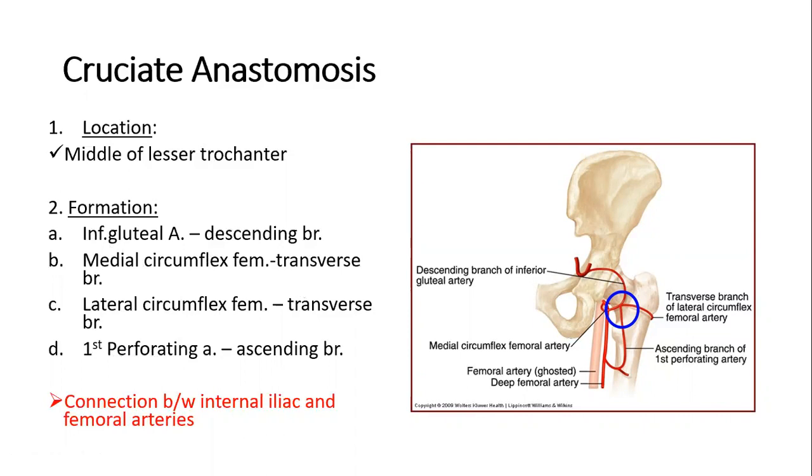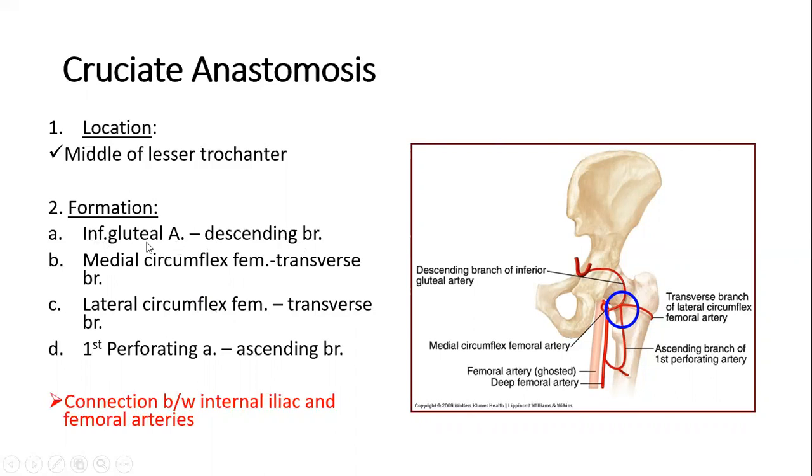So a descending branch from the inferior gluteal artery, another ascending branch from the perforating artery, and medial and lateral circumflex femoral arteries, they give out transverse branches. So descending branch, as the name is indicating, will descend from the superiorly located inferior gluteal artery.